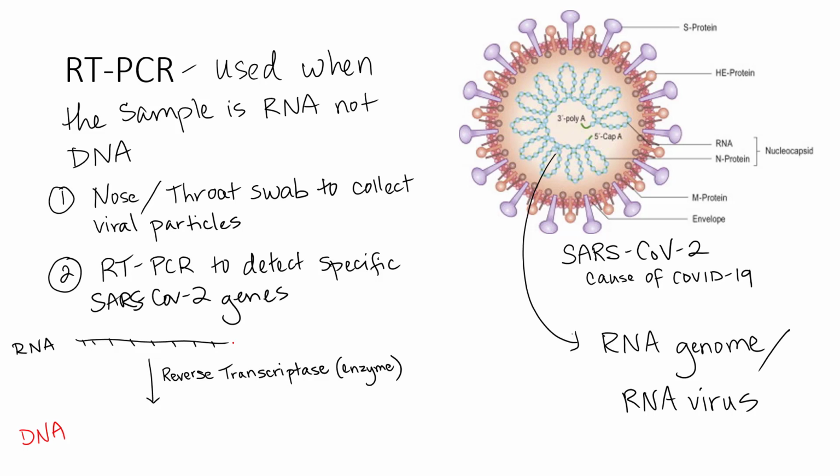So the viral RNA is what you use, but then you mix it with the reverse transcriptase, and that reverse transcriptase will actually make a DNA copy. So it'll copy it into DNA.